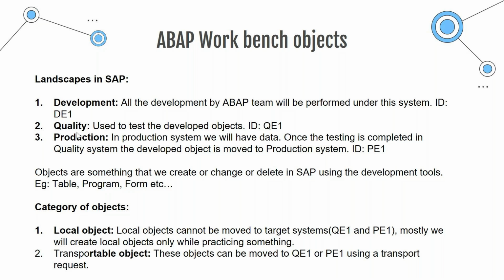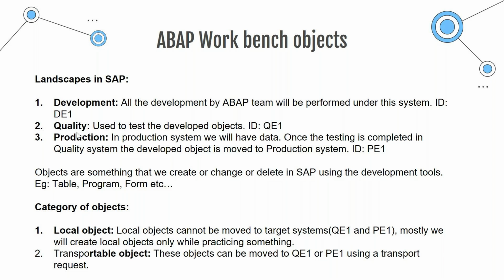After development is complete, we will move the object to the quality system. In the quality system, your functional team will first do the testing to check whether it is working fine or not. They'll open the requirement file and see what the requirement is. Is your development working as per the client requirement or not?